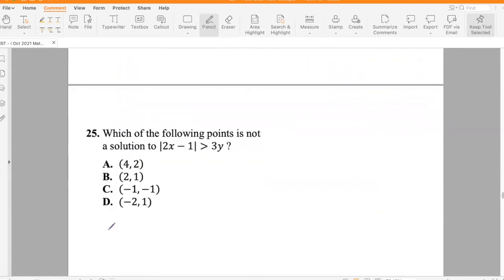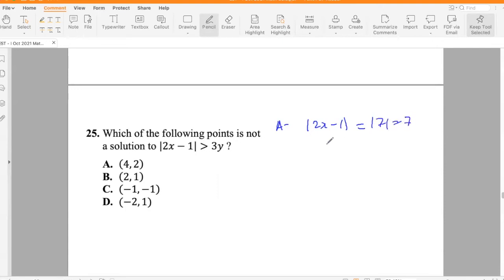Which of the following points is not a solution to absolute value of 2x minus 1 is greater than 3y? Okay, so let's first, okay, so we'll just go option wise. So option A, absolute value of 2x minus 1 would be absolute value of 8 minus 1, 7.